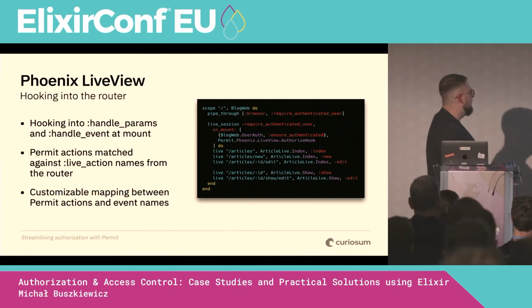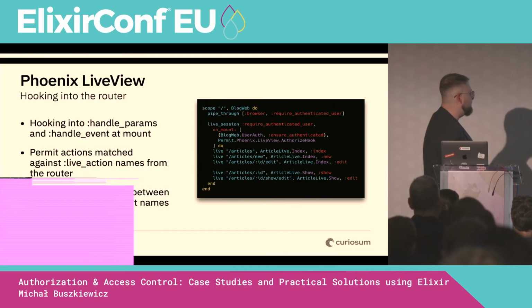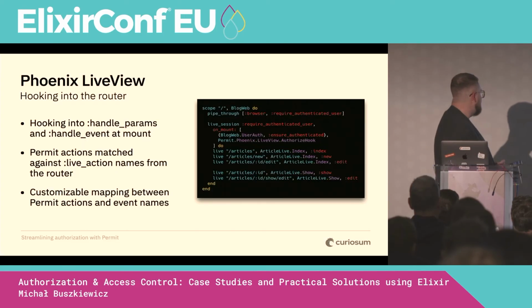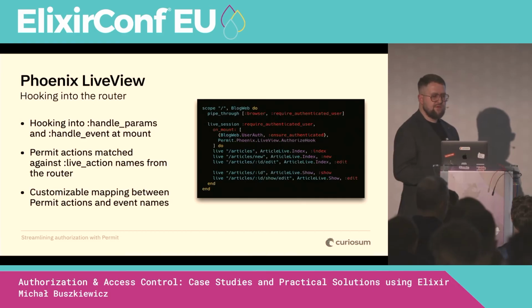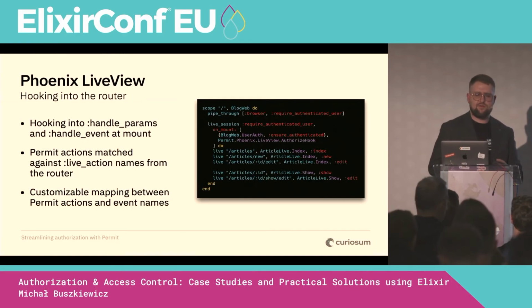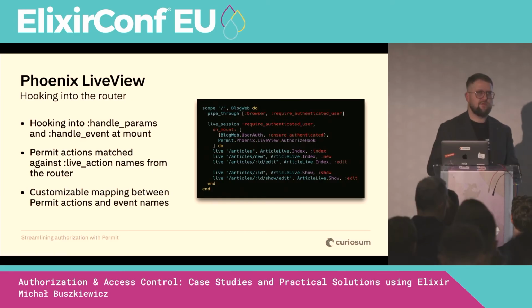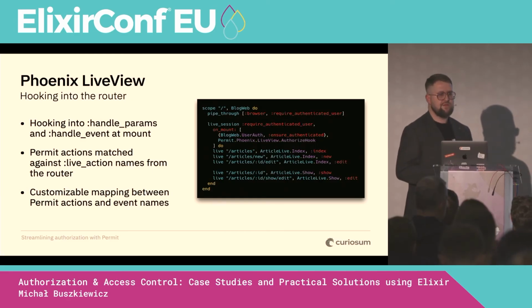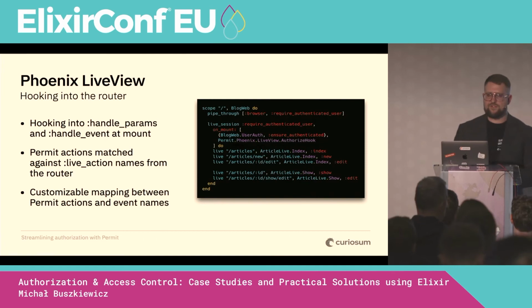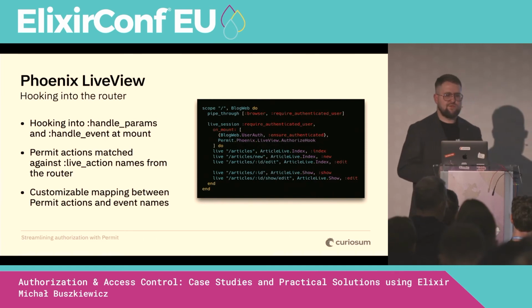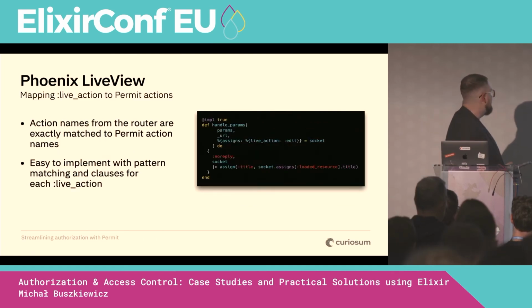So we have index, new and edit specified here, and this will be what will be matched against. And between permit actions and event names, you can do a customizable mapping. So if you have an event named, for example, update, you can also map this to the update action in your permission set.